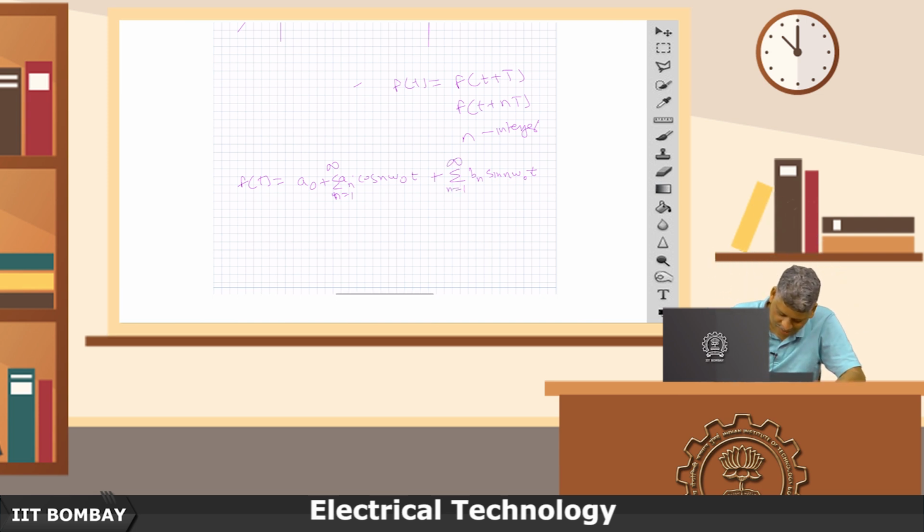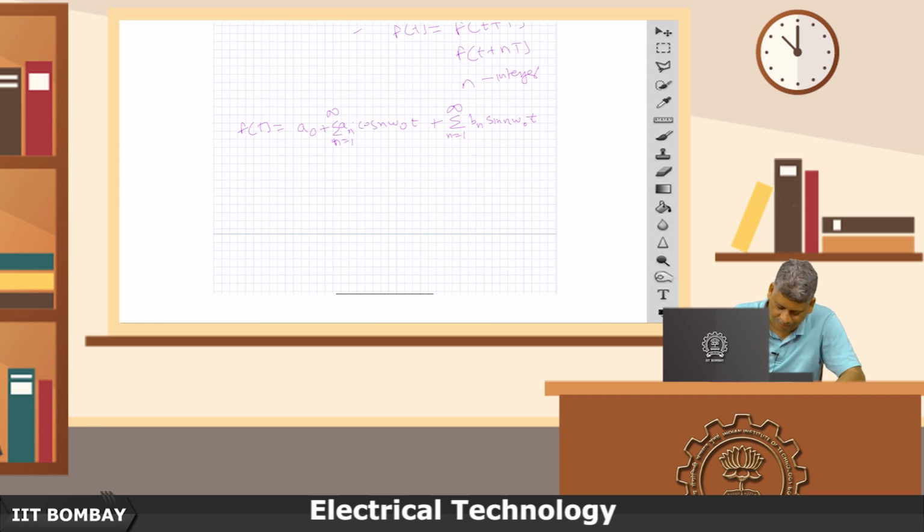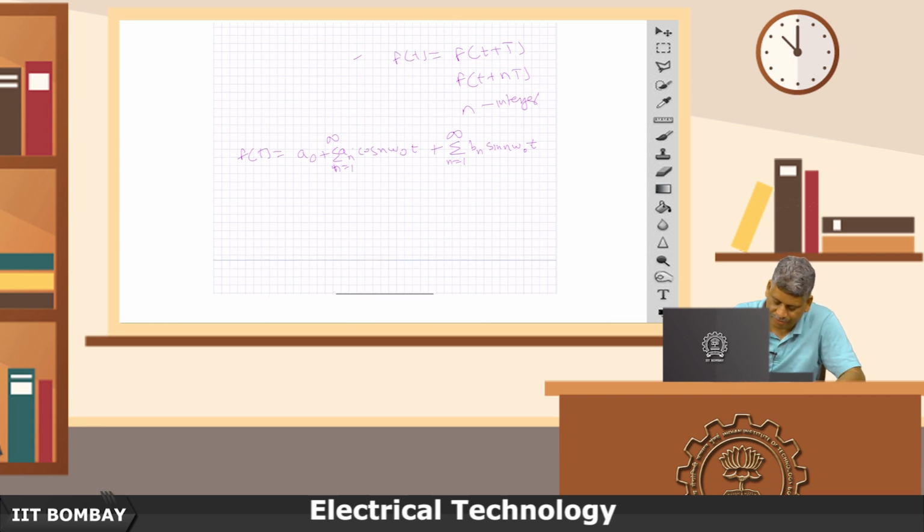This is not something very interesting, but it is beautiful, and it actually has the foundation of electrical engineering in some sense, Fourier analysis, especially when you deal with nonlinear circuits.